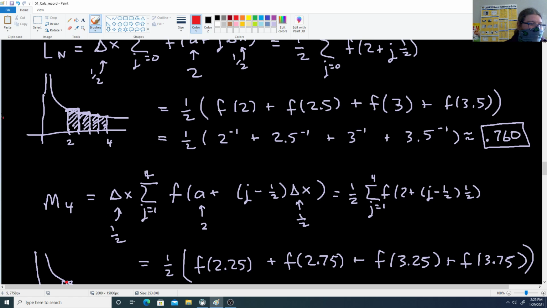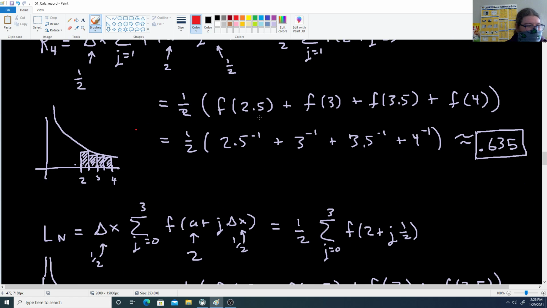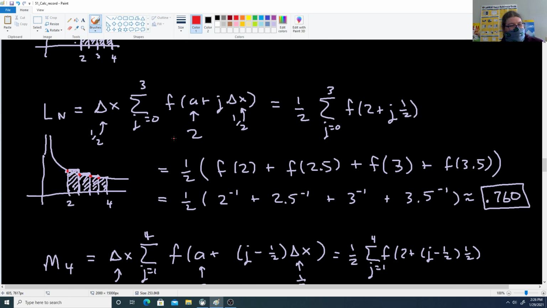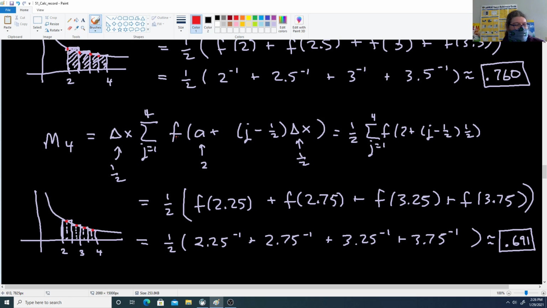For the left endpoint approximation, the points where you hit the function are the left endpoints of the blocks. And on the right endpoint approximation, the points where you hit the function are at the right side of the blocks. So this is right endpoint approximation, left endpoint approximation, and midpoint approximation.